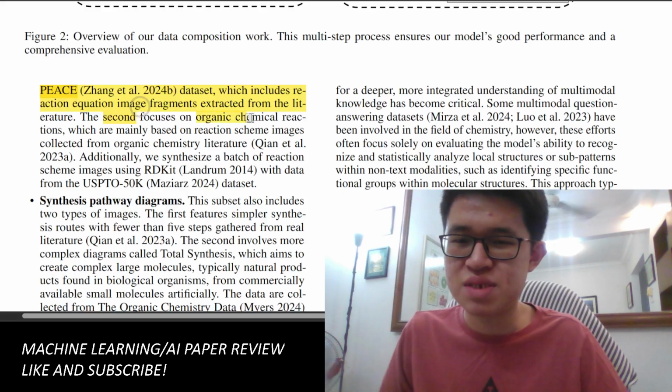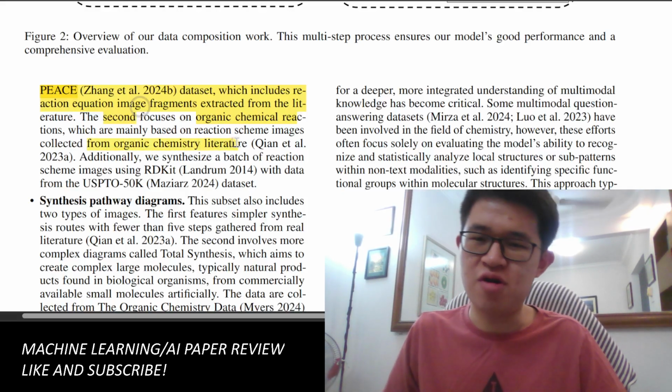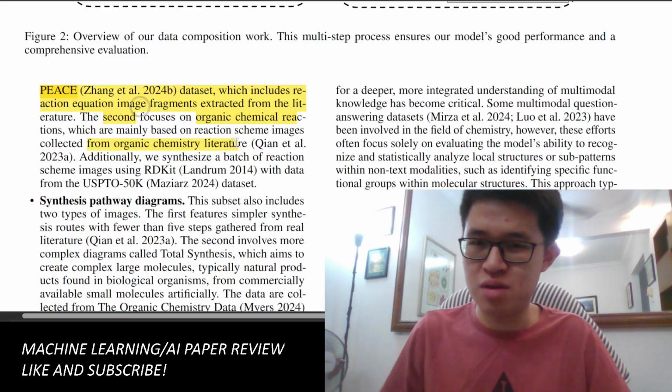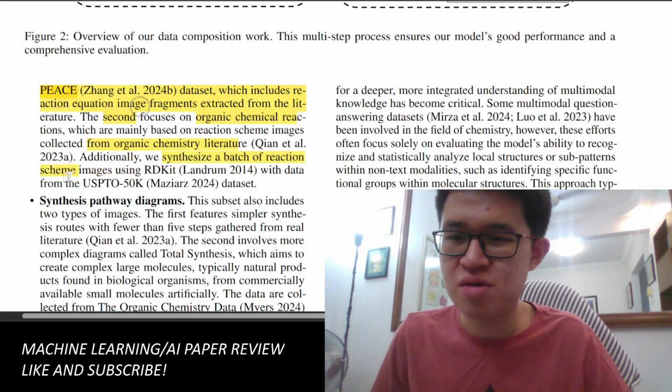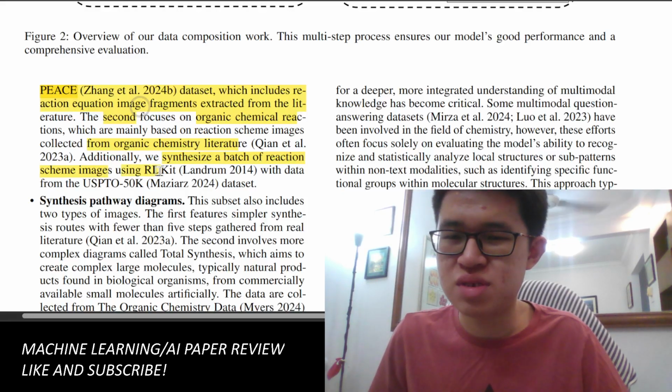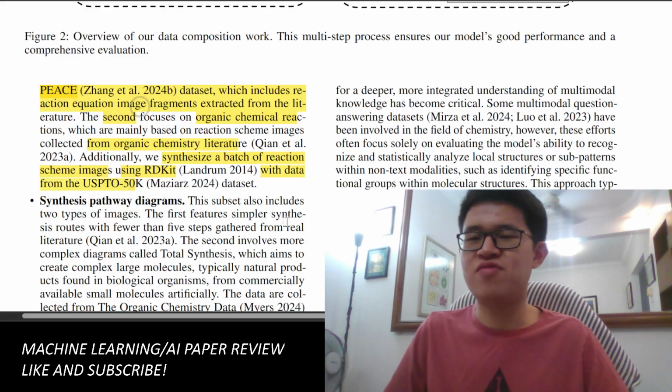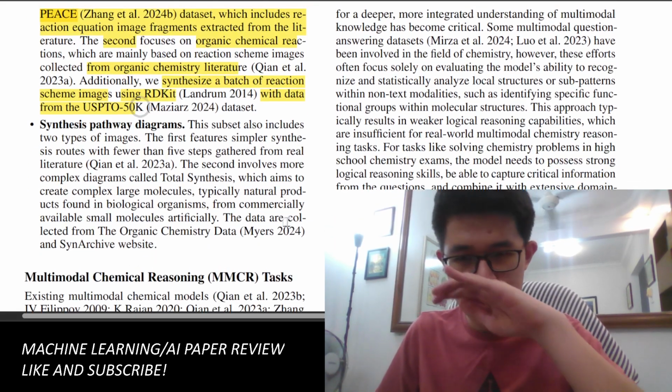And the second one is organic chemistry reactions, also from the literature. In addition, they created a batch of reaction schemes using RDKit with data from the USPTO 50K dataset.